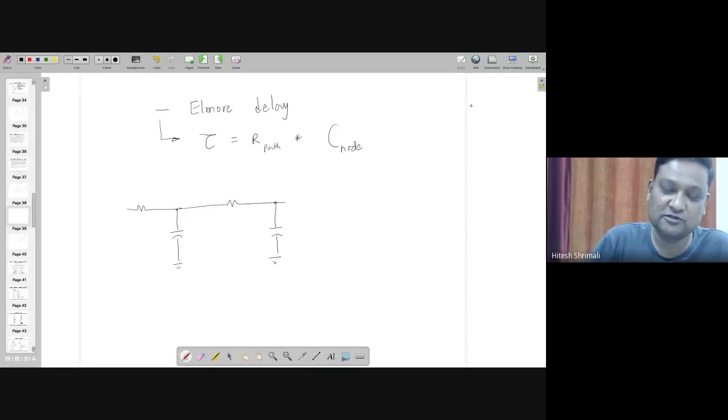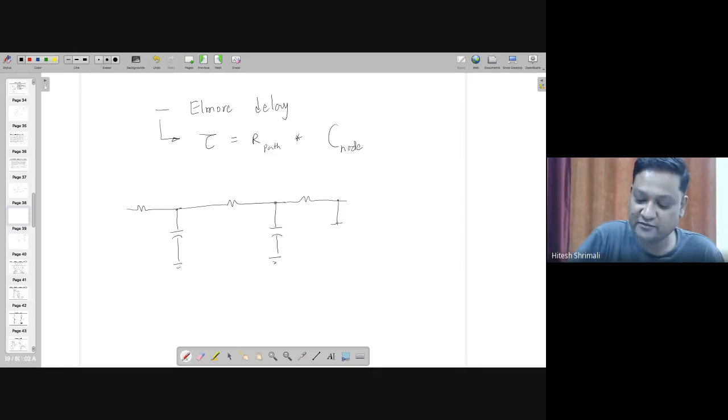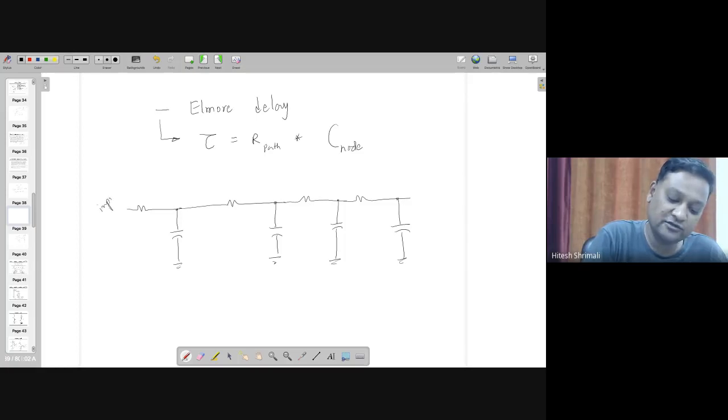About Elmore delay. Elmore delay is a combination of the resistance path and the node capacitance. So if you have a circuit which is a cascade of RCs, and you are interested in finding the input to output delay for such a circuit, if this is node number 1, node number 2, node number 3, and this is the output.